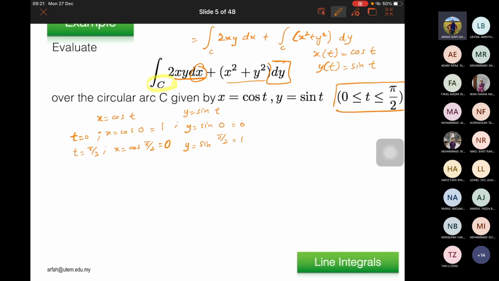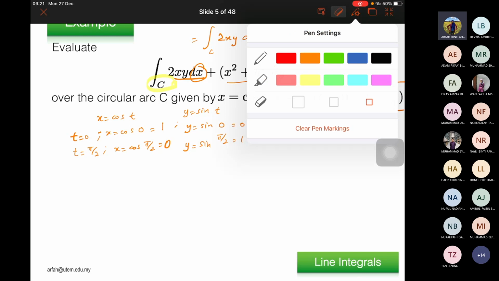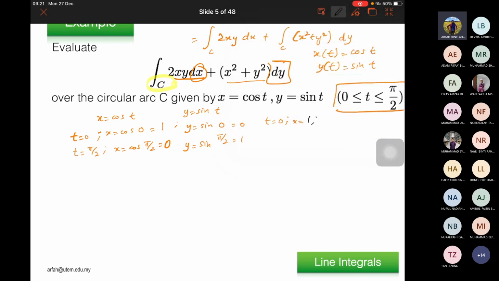So when t equals 0, we get x equals 1 and y equals 0. And when t equals pi over 2, x equals 0 and y equals 1.